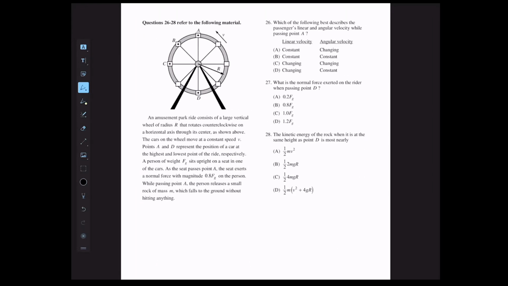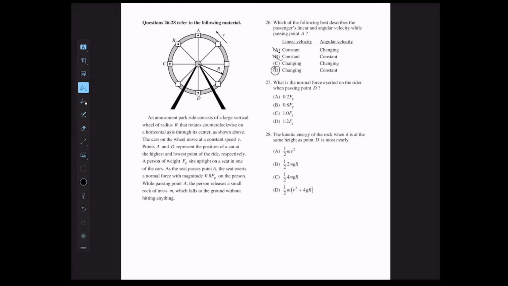For number 26, this is an amusement park ride in which a passenger is riding at constant speed in a circle. So this is uniform circular motion, so even though the speed is constant, the velocity is changing because the direction is always changing. And since it's constant speed, the angular velocity is constant. What is the normal force at point D?